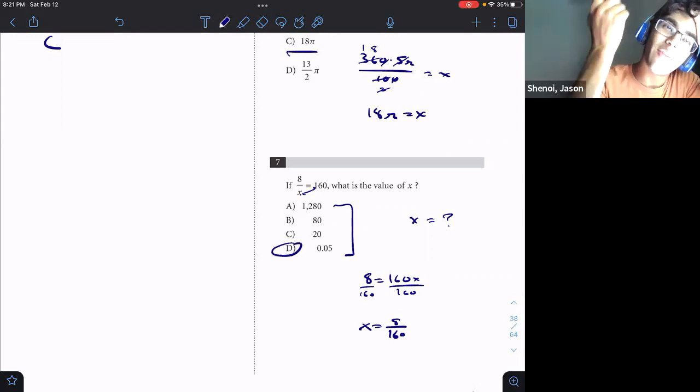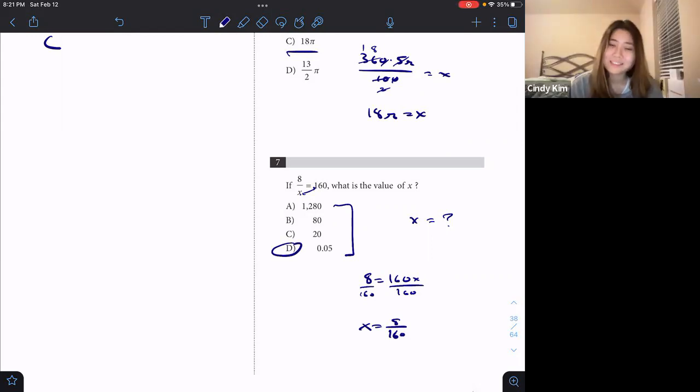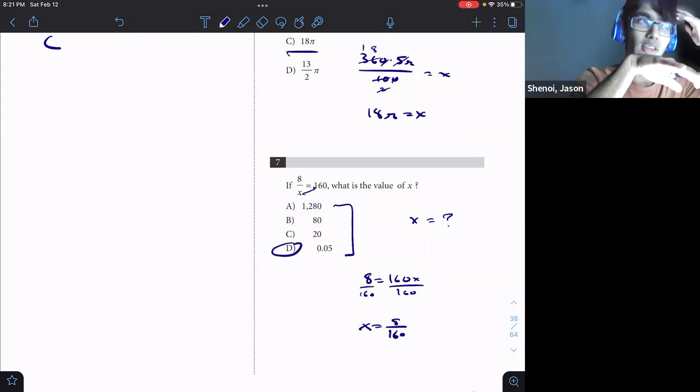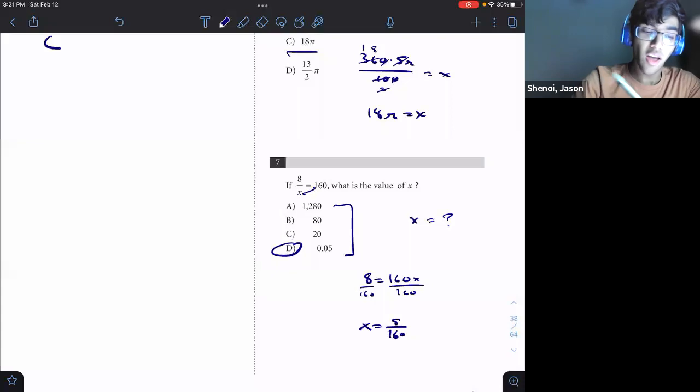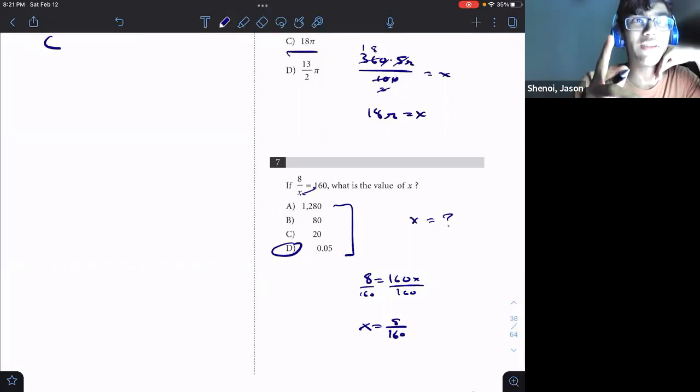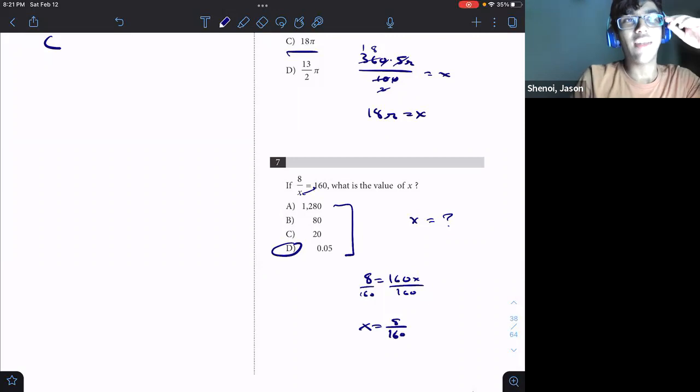But you didn't have to do that. Well, you know how to do it because you're smart. But if you didn't know how to do it and you thought, I don't want to solve this, it takes too much time: all of these answer choices are greater than 1, except for one. The way you know that is because this number is smaller than 1. It's a fraction.